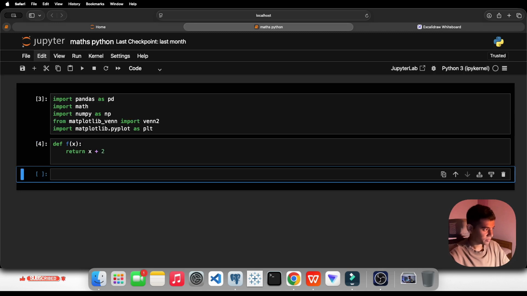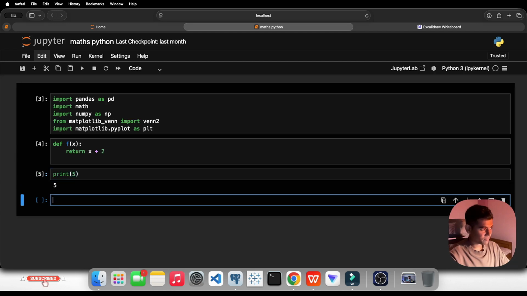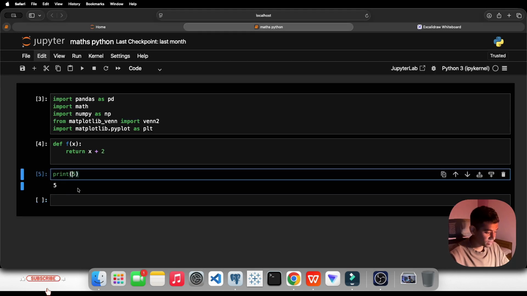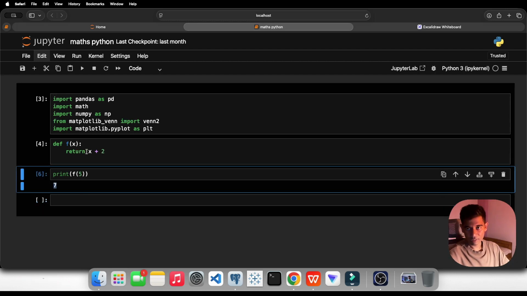Execute it. Done. And if I write print, I would say 5 in place of x. What will be the output? Sorry, I have to write the function name also. I'm really sorry. Yeah. If I say print function name, and inside the function name I give the input that is 5, here what I get in the output is 7. So 5 plus 2, 7.